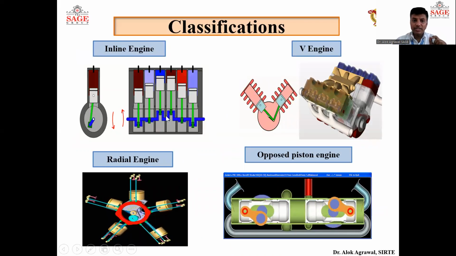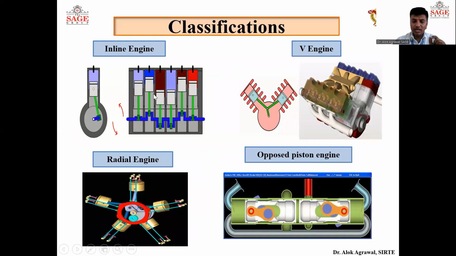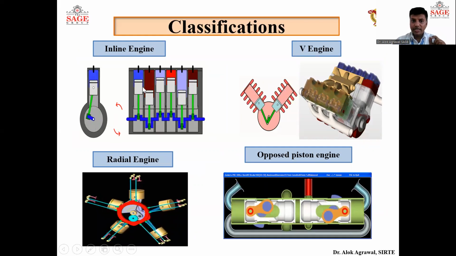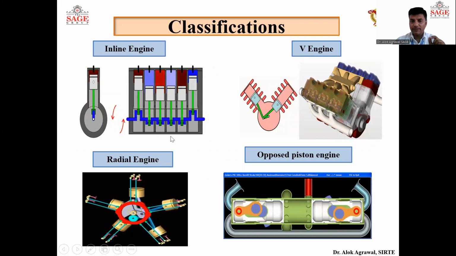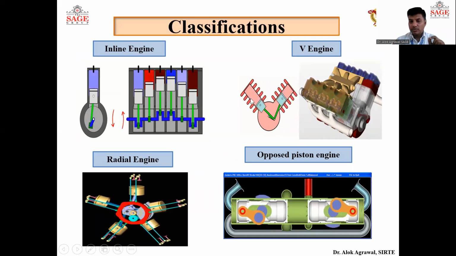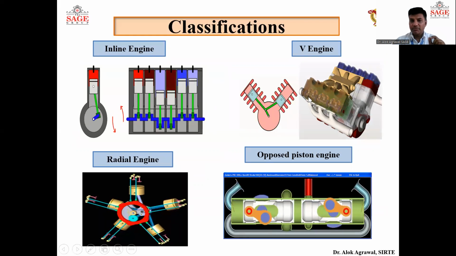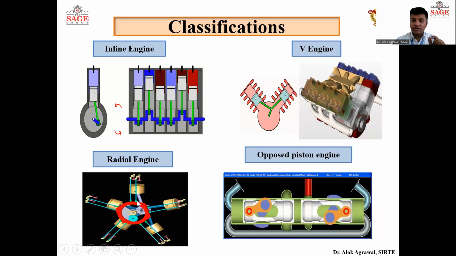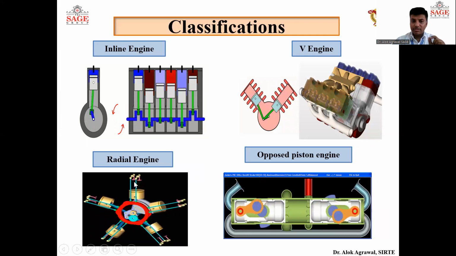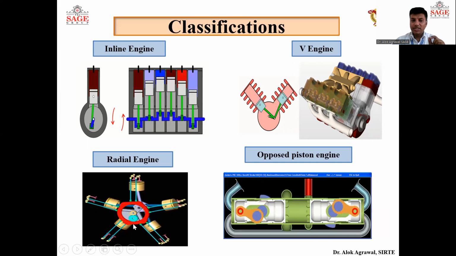See, this is the inline engine, where the cylinder and piston are parallel to each other and in a single line. We call it an inline engine. Where the two cylinder piston arrangements make a shape V, we call it a V engine. Where the pistons move in radial direction, we call it a radial engine.